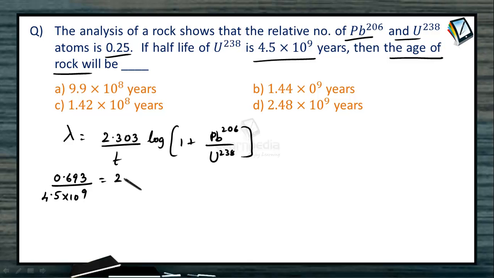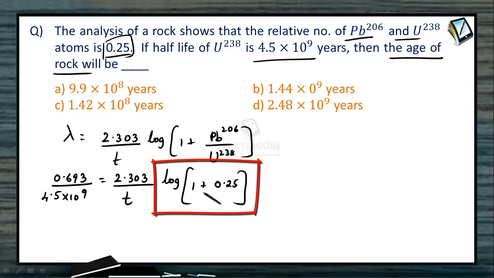And this is equal to 2.303 by T, that's what we are calculating, into log 1 plus 0.25. And why is it 0.25? Because it is given that the relative number of Pb206 and uranium-238 is equal to 0.25.